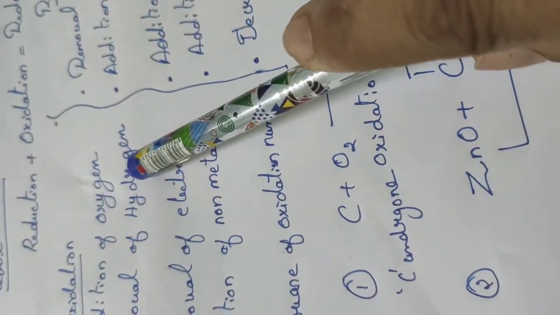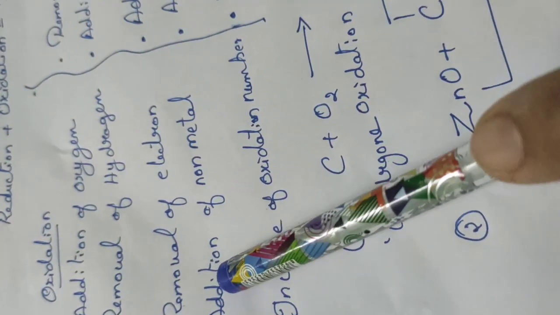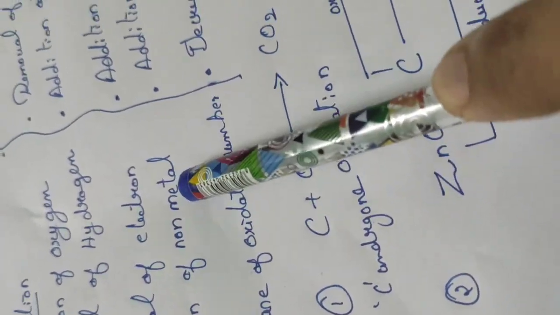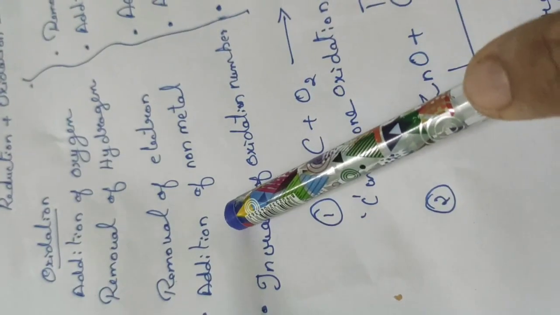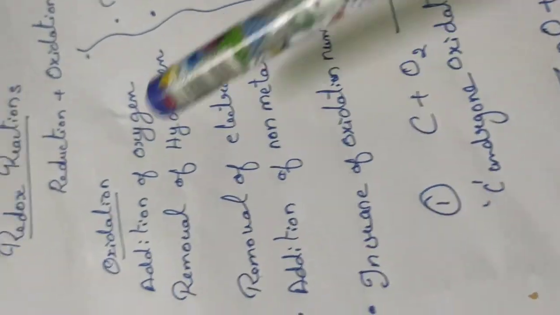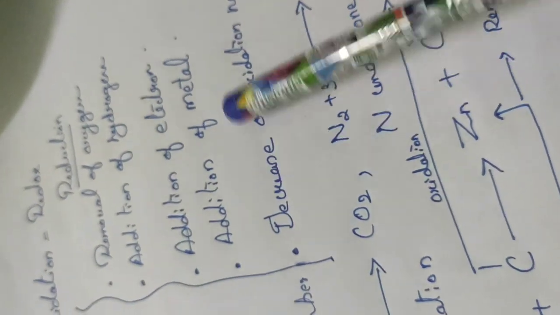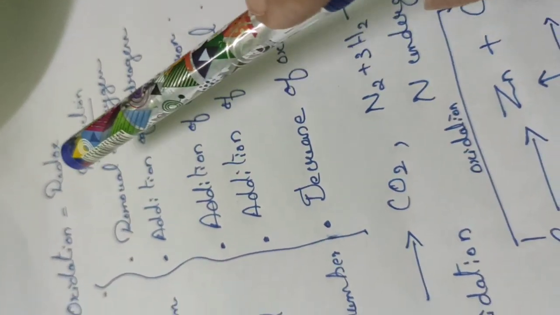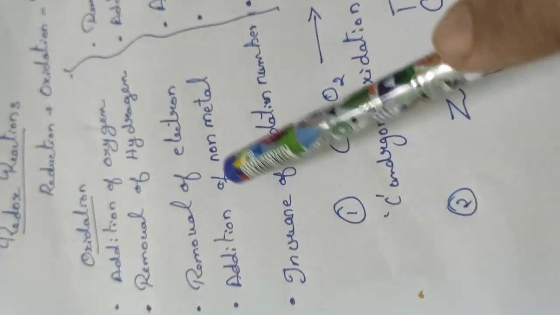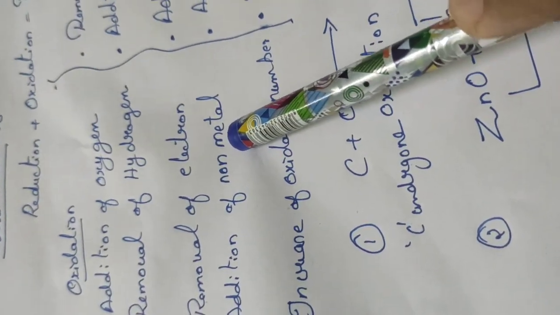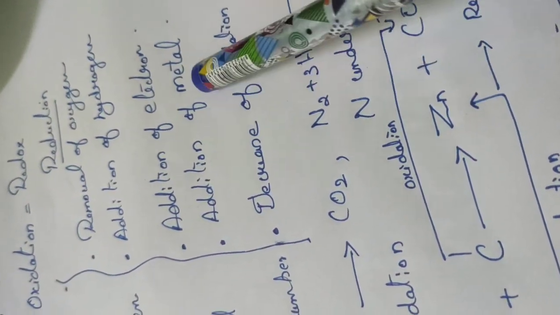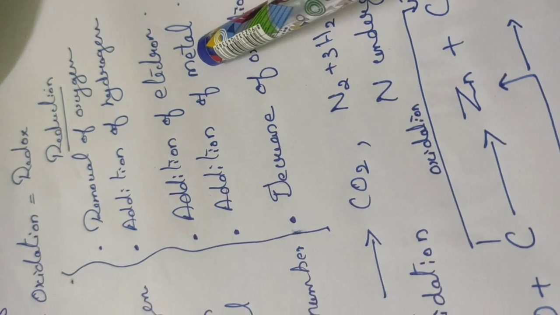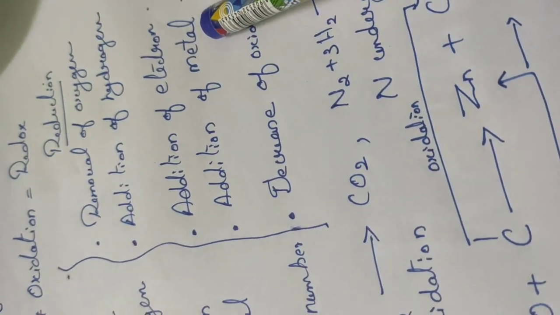Similarly, the case with hydrogen. And again, when a metal or non-metal is involved, we can say addition of a non-metal is oxidation, addition of a metal is reduction. Non-metal means chlorine, hydrogen, oxygen, nitrogen, like that. But addition of metal means copper, aluminium, zinc, manganese, magnesium, all those.